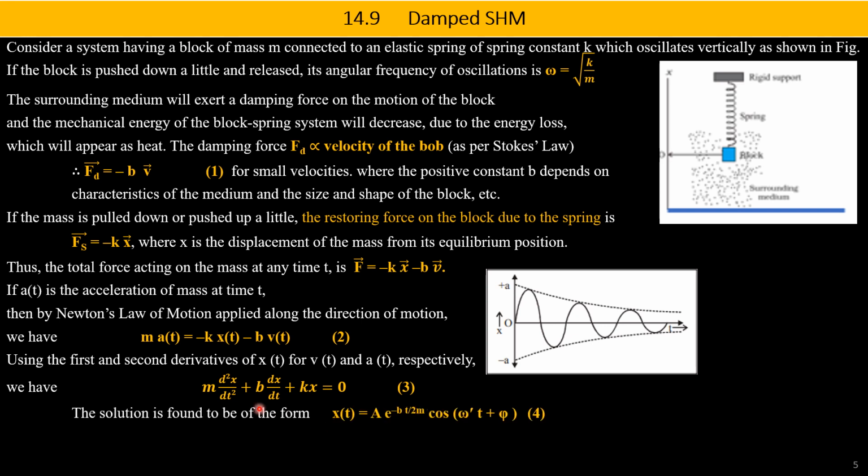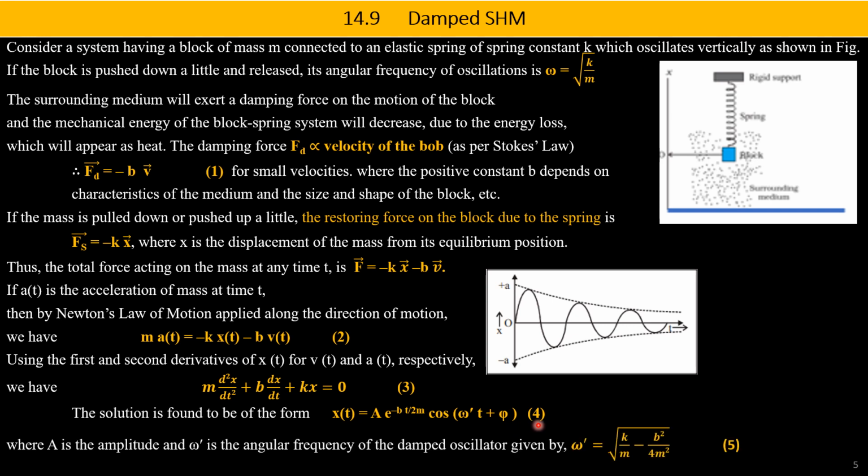If we find the solution for equation number 3, we get x of t as A into e to the power of minus b into t by 2m into cos of omega dash t plus phi. This solution you have to remember. This derivation is beyond the scope of this lesson.